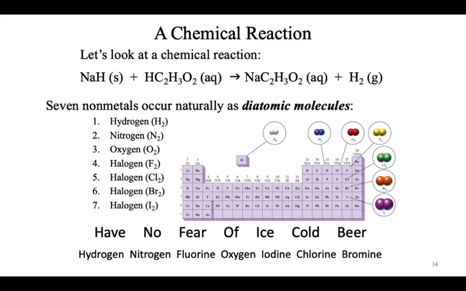Okay? Of the variety of processes, my favorite one, all the way back to high school, is "Have no fear of ice-cold beer." Each letter corresponds to the element that it represents. Make sense? Okay. Other options. How many elements is that?